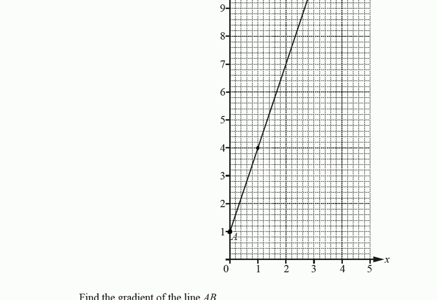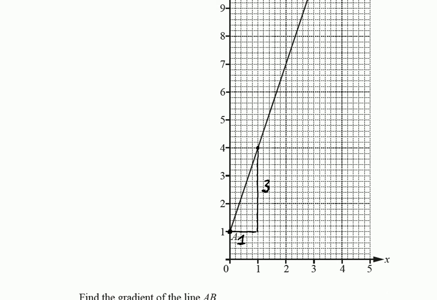Now here we have to pay a bit more attention to our scale. So here's my gradient triangle. We can see that the run down here is just 1 unit. And the rise takes me from 1 to 2 to 3 to 4. So I've risen 3. 1, 2, 3.